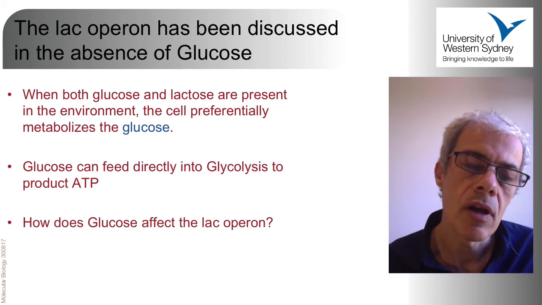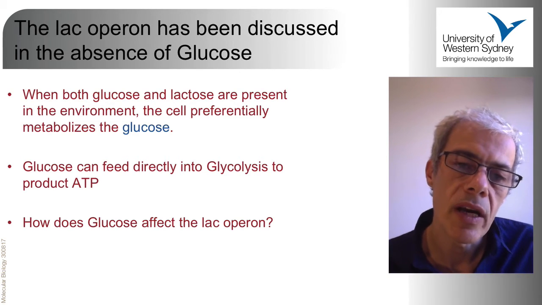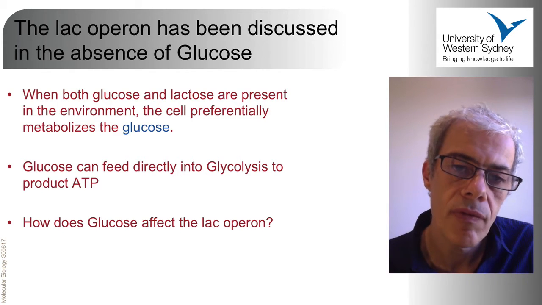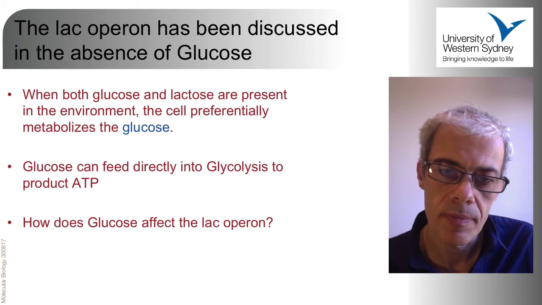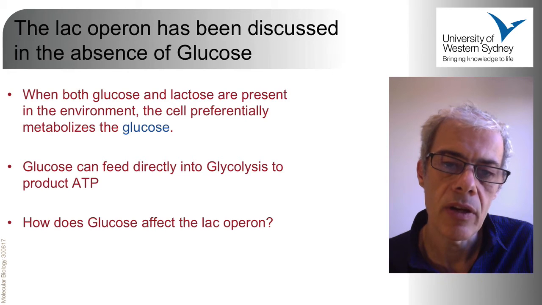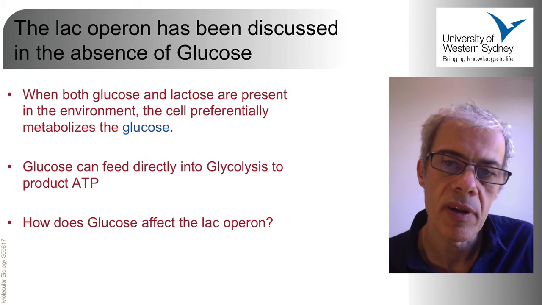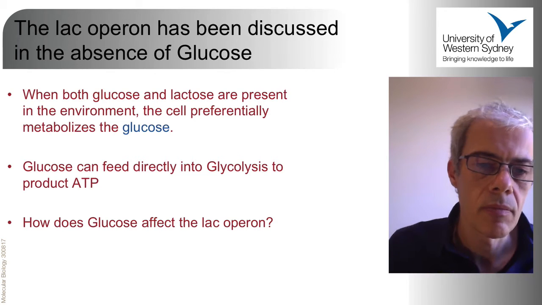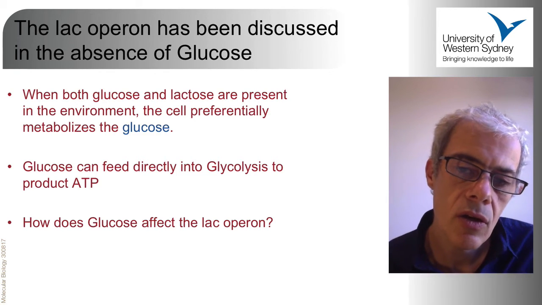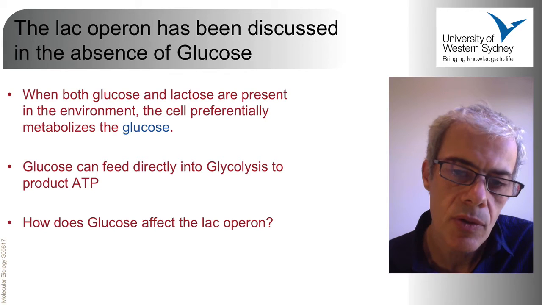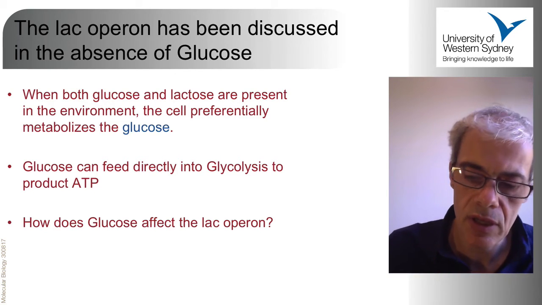So somehow there has to be a mechanism where glucose turns off the Lac Operon, and when glucose is absent, the Lac Operon can be more active. The reason glucose is a preferred energy source is that it can feed directly into glycolysis.